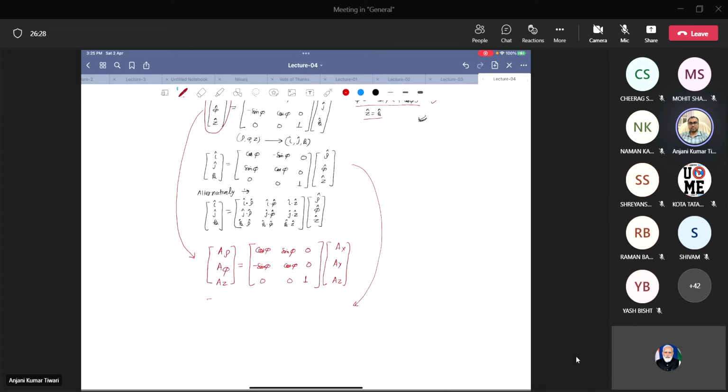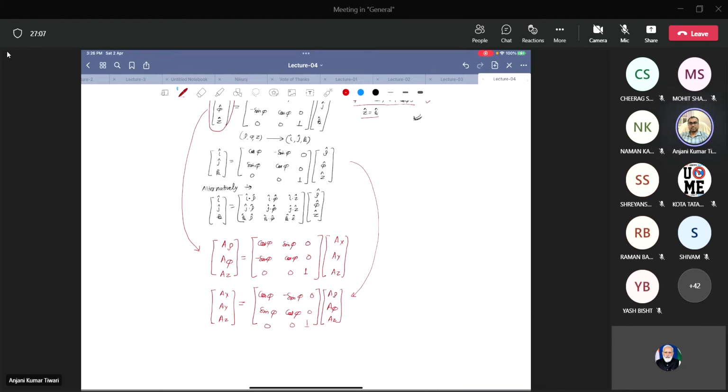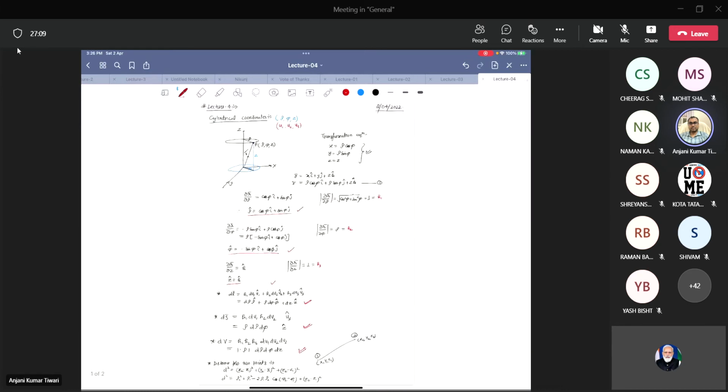If you want to determine ax, ay, az, and suppose the cylindrical components are given, so in this case you are given a rho, a phi, az, then that matrix will be just the transpose of this. So it will be cos phi, minus sin phi, 0; sin phi, cos phi, 0; 0, 0, 1. So this is all about the coordinate transformation.